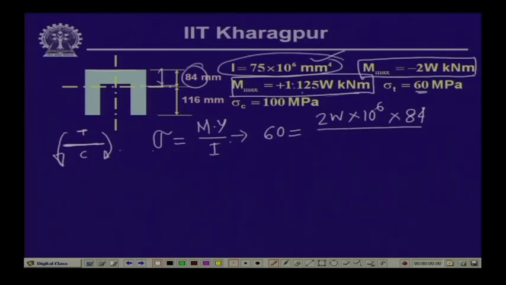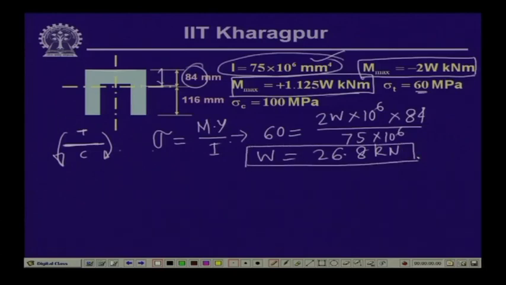This divided by I, which is 75 into 10 to the power 6, in megapascal. Now, from this if you compute the value of W, W comes as equal to 26.8 kilonewton. So, this is one value of the W which we get corresponding to the maximum tensile stress corresponding to the maximum negative bending moment.